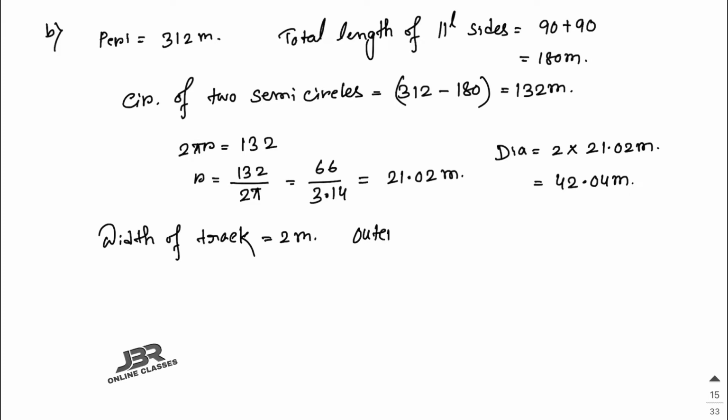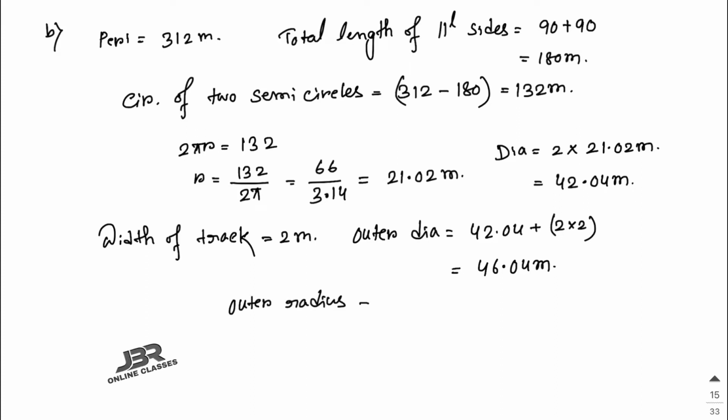So the outer diameter equals 42.04 plus 2 into 2, because both sides, so that equals 46.04 meter. So the outer radius is half of this, 46.04 by 2, that equals 23.02 meter.